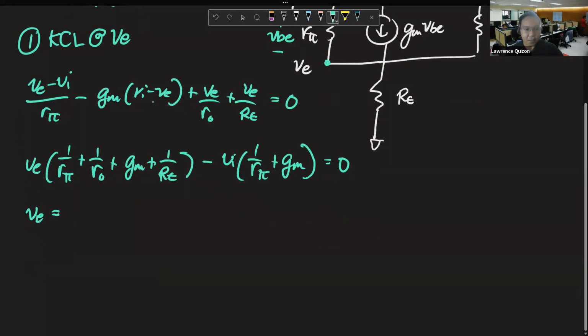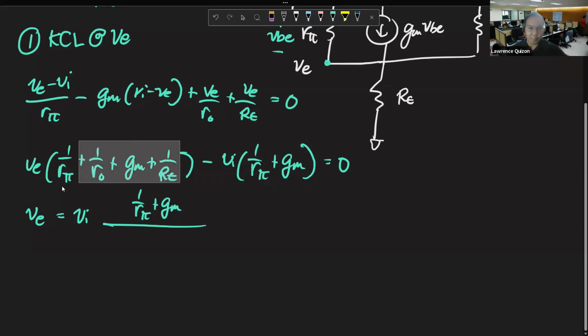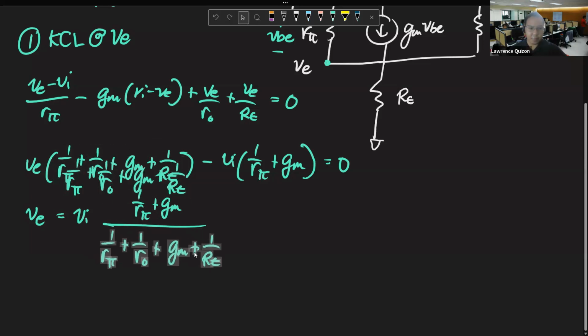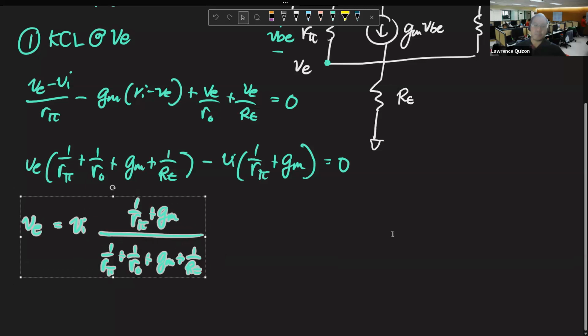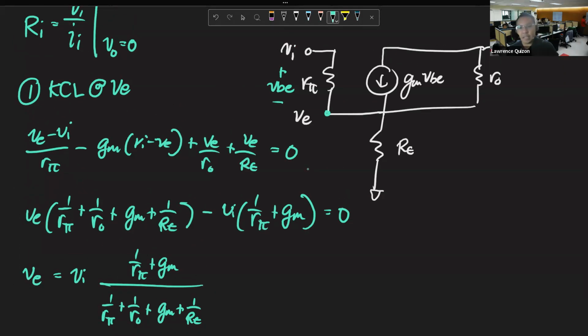This is V in, no, VE is equal to V in times this part over this part. So that's that KCL again. And now, ang gagawin natin KCL this time is yung sa input side, no? So at V in.